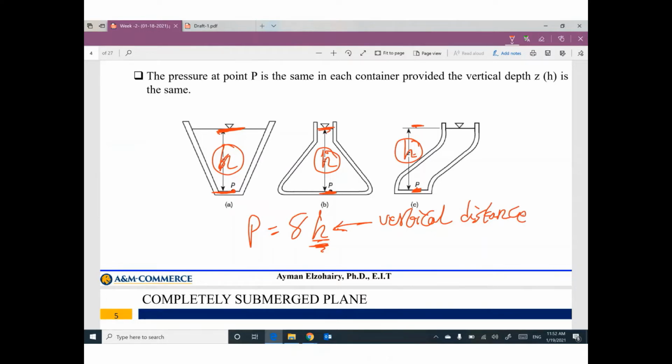Vertical distance between the point and the water surface. If you don't have distance, your pressure will be 0 because h is 0, so gamma times 0 will be 0.